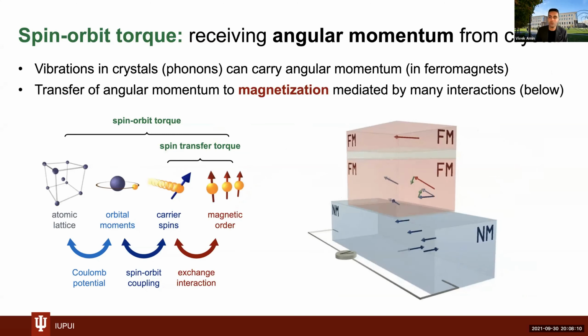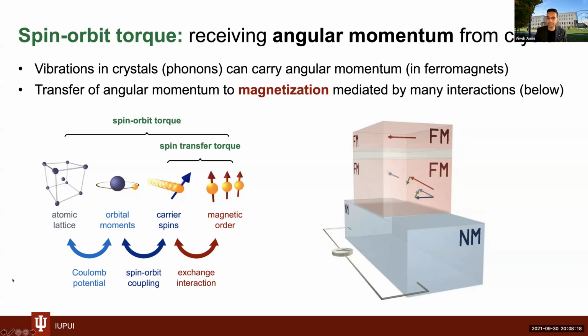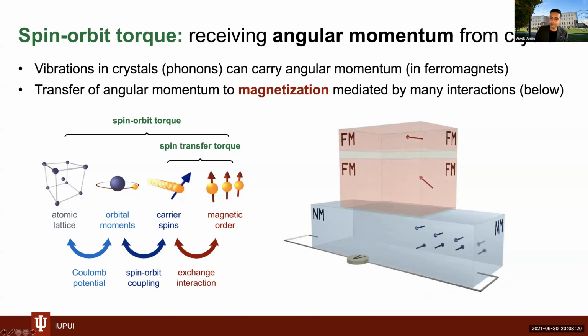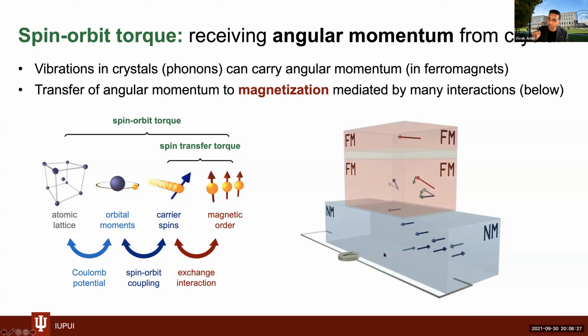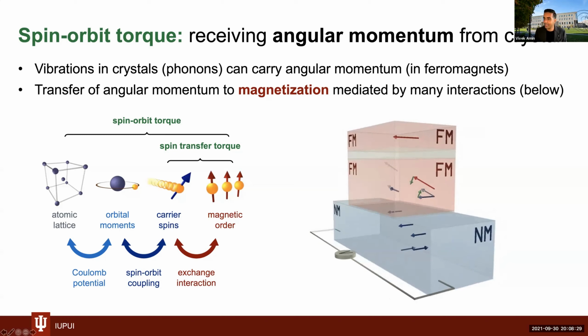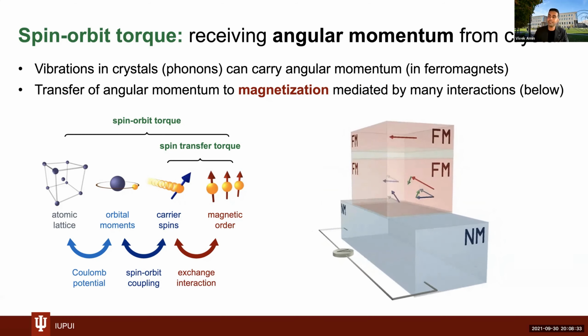So how does this work? Over here, I've shown this animation that has a magnetic tunnel junction with two ferromagnetic layers and a non-magnetic layer with appreciable spin-orbit coupling at the bottom. What happens if I run a current along the interface plane in the non-magnetic layer is that the electrons start to scatter and separate based on their spin.